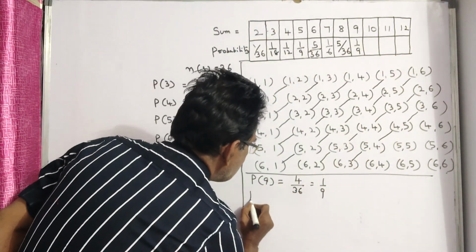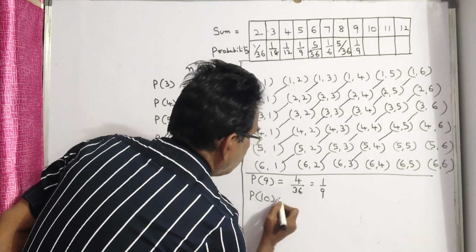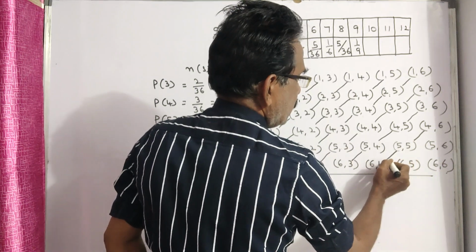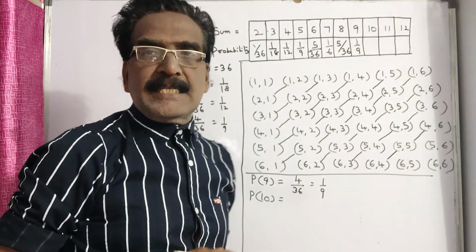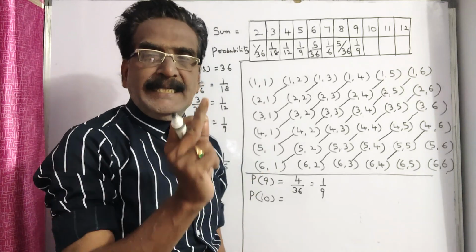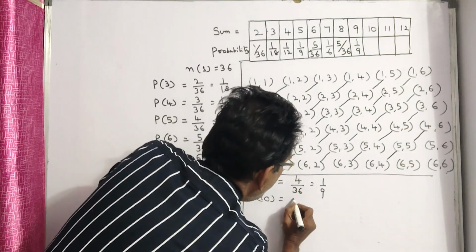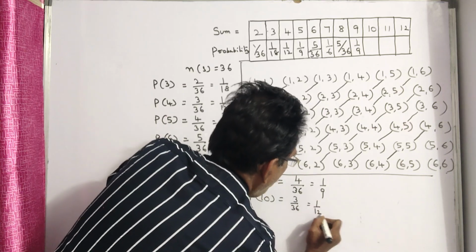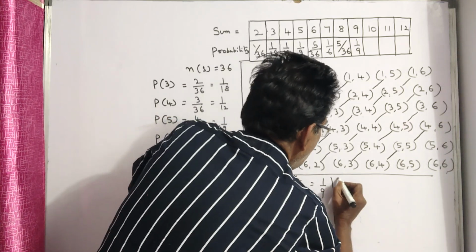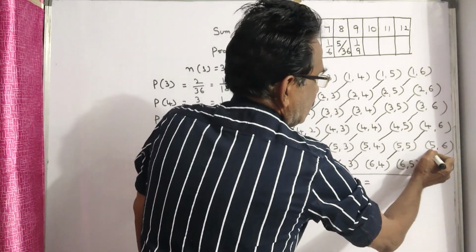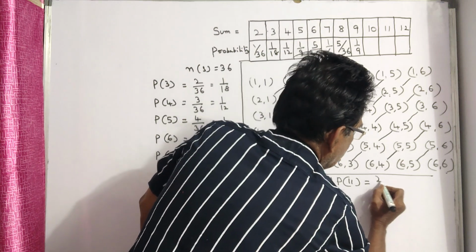Now getting the sum 10. See, 4 plus 6, 5 plus 5, 6 plus 4. So for getting the sum 10, 3 outcomes are favorable. So 3 by 36 is equal to 1 by 12. Now probability of getting 11: 5 plus 6, 6 plus 5.